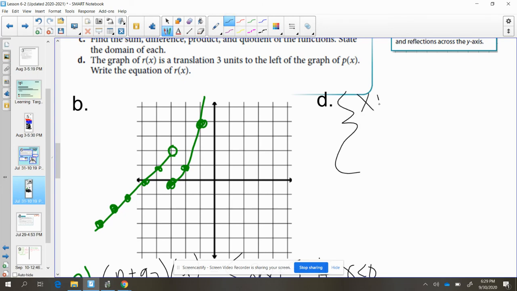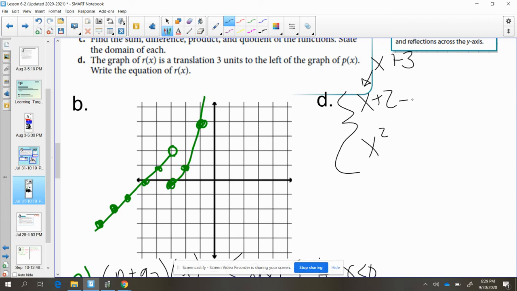This is now D. Now what's going to happen is if we took the original graph, and the original graph was x plus 2, and this guy then was x squared. In order to shift this to the left, we know that normally a shift to the left means that this would become x plus 3, right? Because it's always opposite day, as I like to say, with horizontal translation. So left 3 means plus 3.